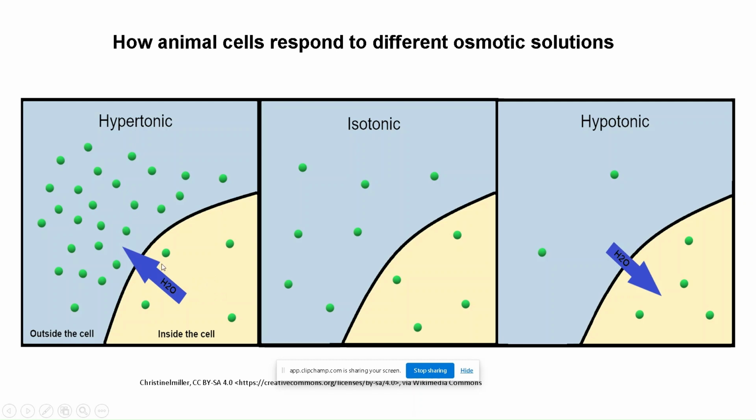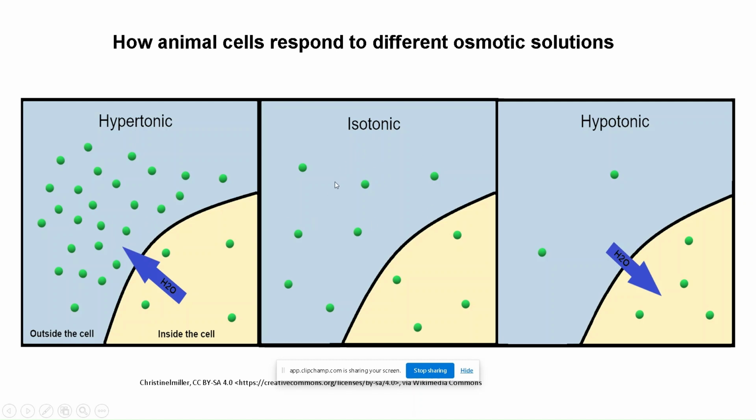That's why the net movement of water is from inside of the cell to outside of the cell. So if you keep an animal cell inside a hypertonic solution, the water is going to go out, then the cell is going to shrink.